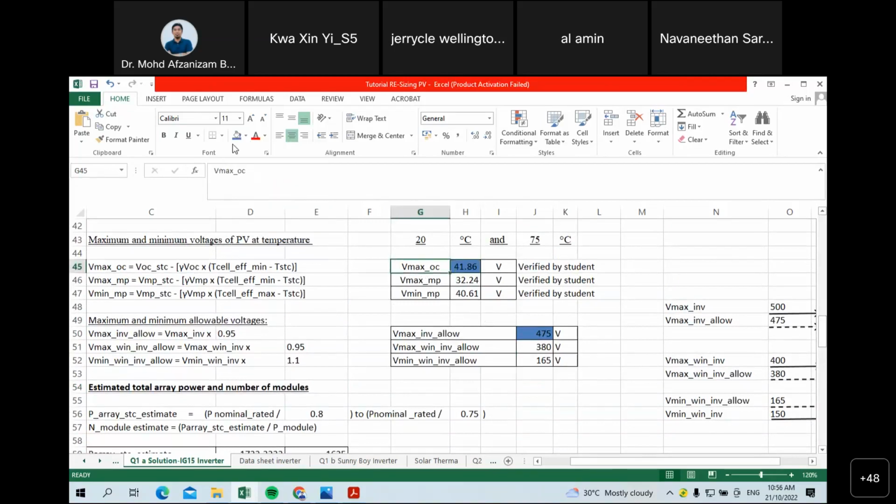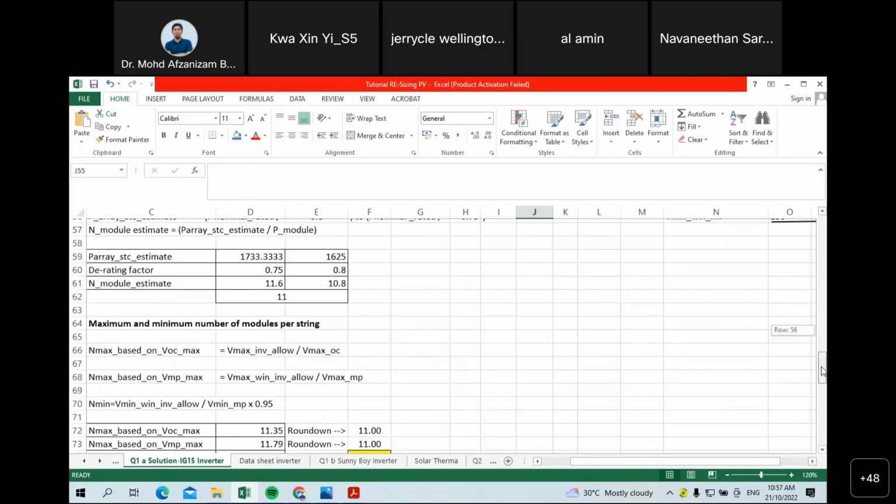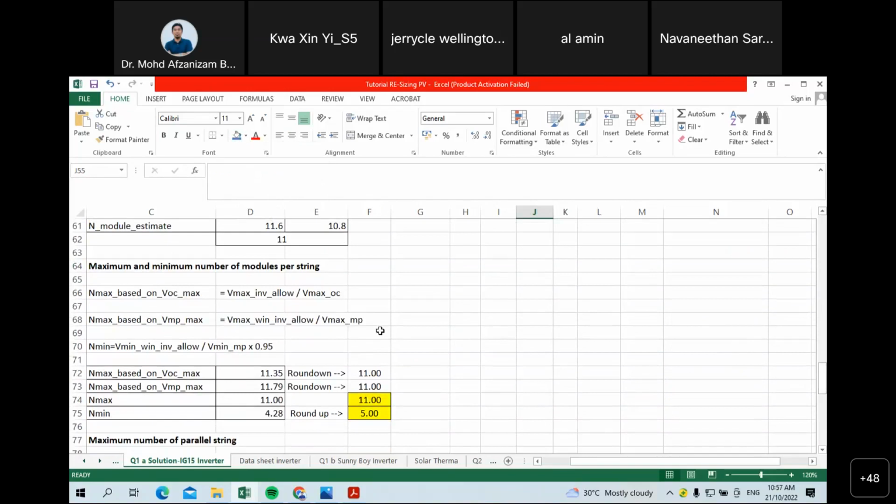And then 475 divided by 41.86. Then you can get how many? 11.35. Do you get the same answer, guys, for this one?